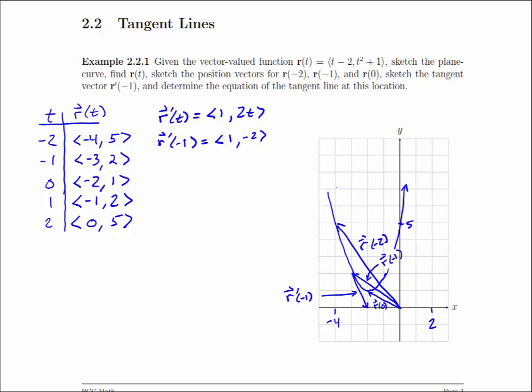So the last thing that we want to do is determine the equation of the tangent line at this point here. So if we draw it in, we see that we should keep this slope up, right? So we should be going down 2 over 1 over and over again. So we can draw it in before knowing its equation, and we can find its equation in a couple of different ways.